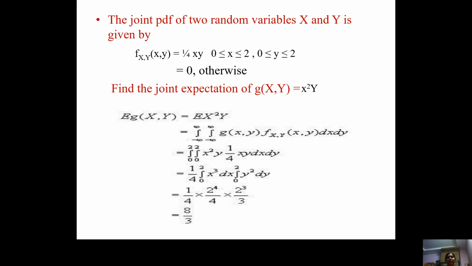Similarly for y cube by 3, that means 2 cube by 3 minus 0 cube by 3. 0 by anything is 0, so we just eliminate the lower limits. So 1 by 4 into 2 power 4 by 4 into 2 cube by 3. On simplification, we will be getting the joint expectation of the function g of xy as 8 by 3.